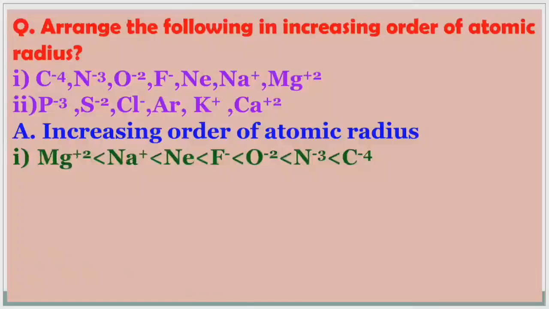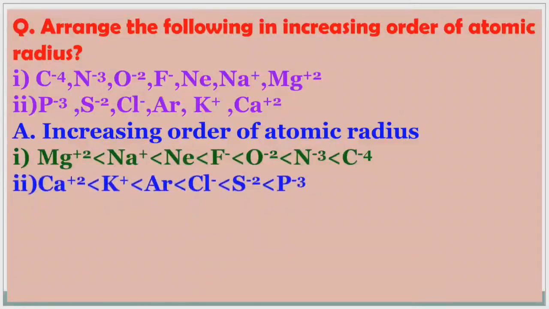F- is less than oxygen -2, less than nitrogen -3, less than carbon -4. Remember that as the positive charge increases, atomic radius decreases. As the negative charge increases, atomic radius increases.